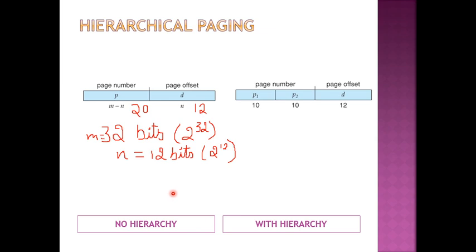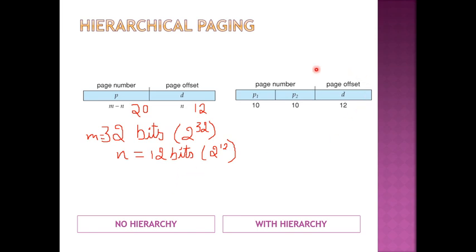In that case, as I told you, we cannot use registers to store the page table. We go for the PTBR, where we store the page table in the main memory and provide the address of the page table in the page table base register. So this is what we have seen, where the page table is quite long without the hierarchical technique.